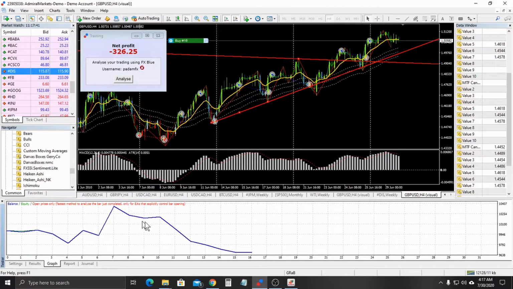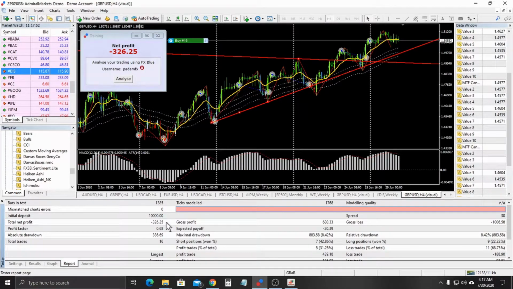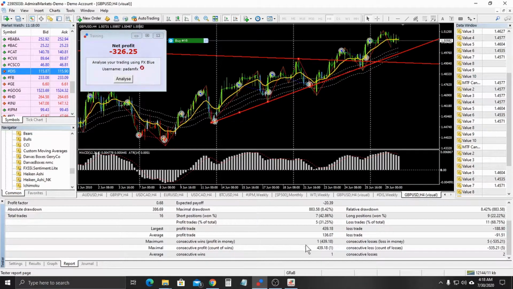We had some profits, but then we hit some chop, and I was consistently being bought up, bought down, bought up, bought down. Okay, so there you go. 326.25, 0.62, 16 trades. Seems to be the norm. Average profit on trades 136, loss 91.